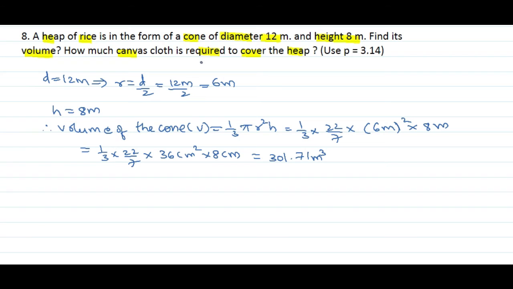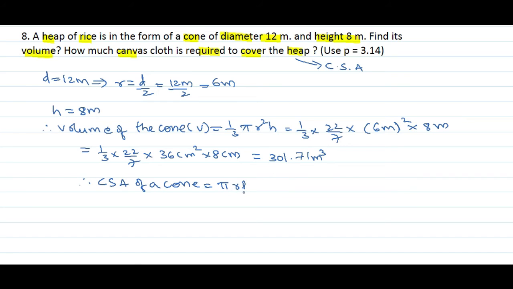Next they are asking to find how much canvas cloth is required to cover the heap. So in these situations we are going to find the curved surface area of a cone. Therefore, CSA of a cone is equal to pi r l.